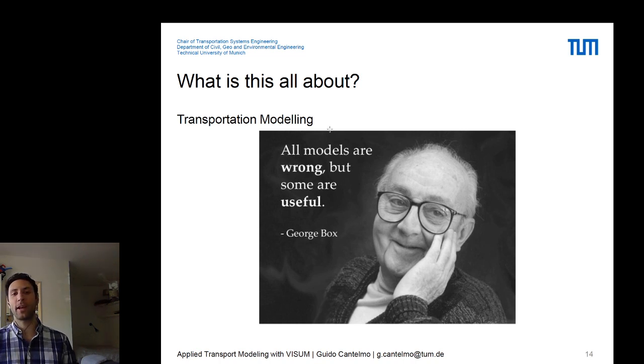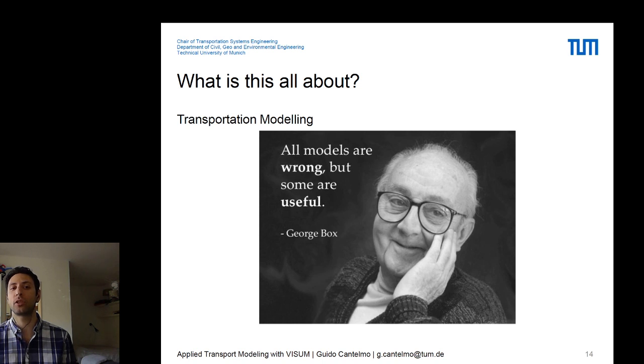Well, a very famous quote from George Box is, all models are wrong, but some are useful. This is one of the quotes that one of our previous lecturers was in love with, and there is some really wise advice behind this. The wise advice is that we are creating a model here, and we cannot expect this model to recreate reality.